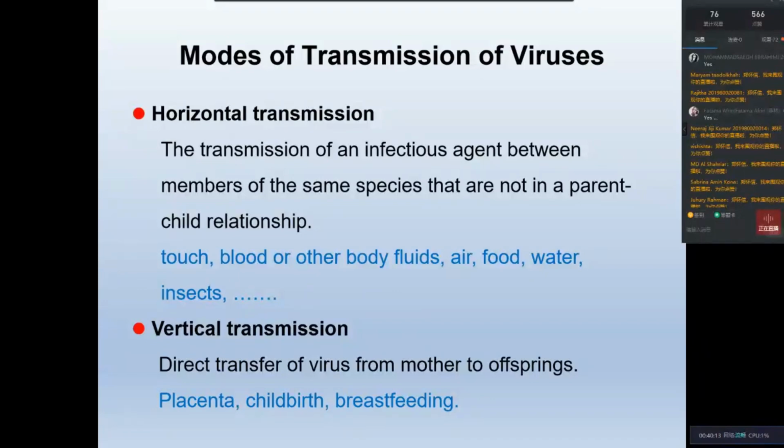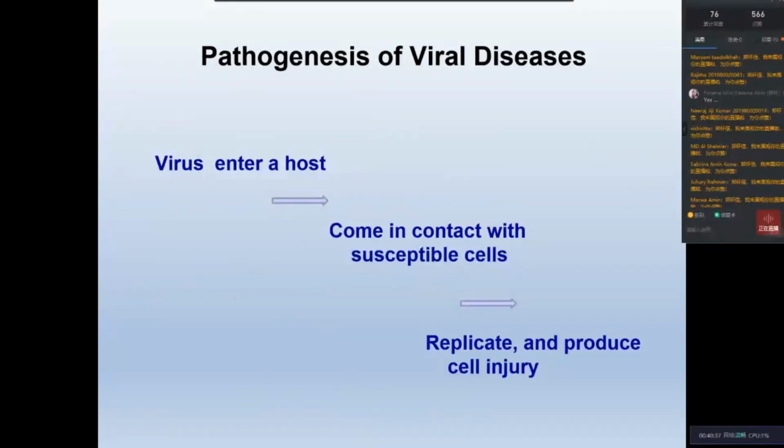But now we don't have strong evidence to support this hypothesis. These isolated cases might be due to other reasons. For example, the baby is infected after being born rather than before they are born. Okay, so those are the different modes of transmission.